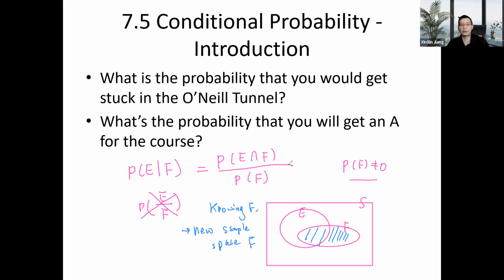I know F happens already, so we just focus on this shaded piece. Within that piece, E happens. So it's this piece over the new total. That's what it really means: the probability of the intersection divided by the probability of F.